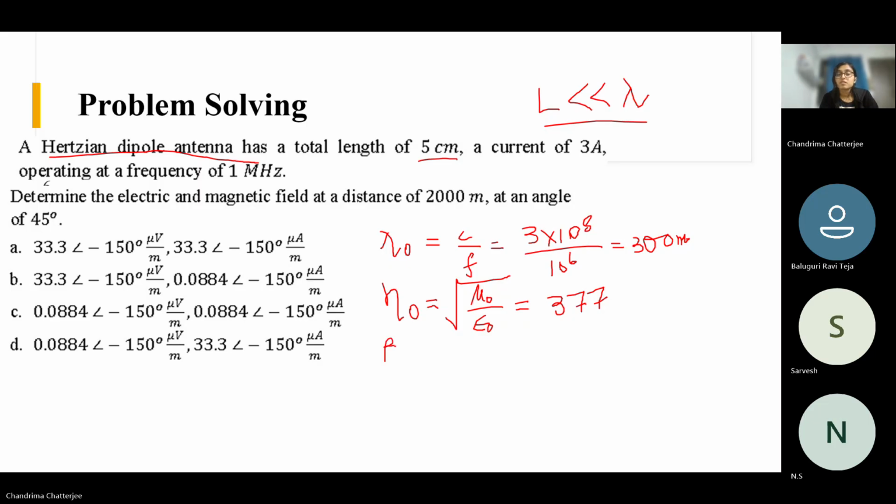We have beta naught, the phase factor. This is 2 pi by lambda naught, which is 2 pi divided by 300. So this is 0.02094.